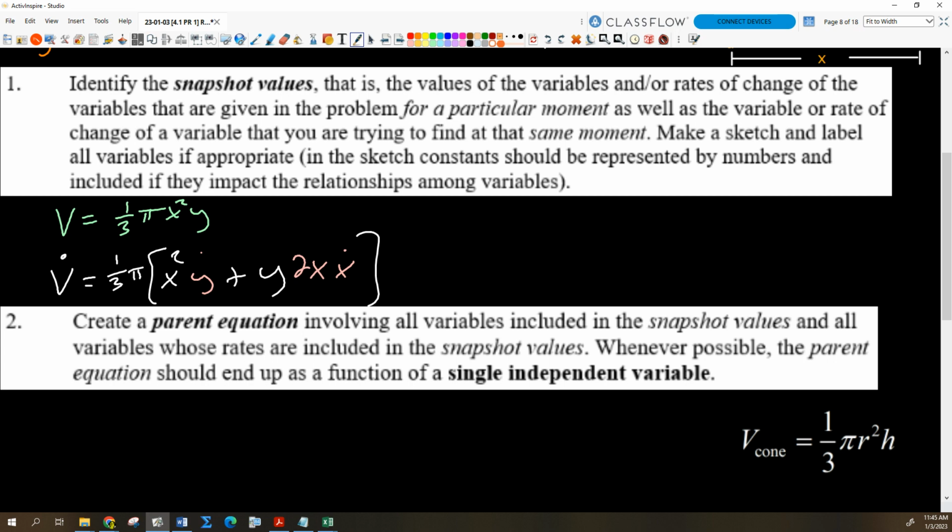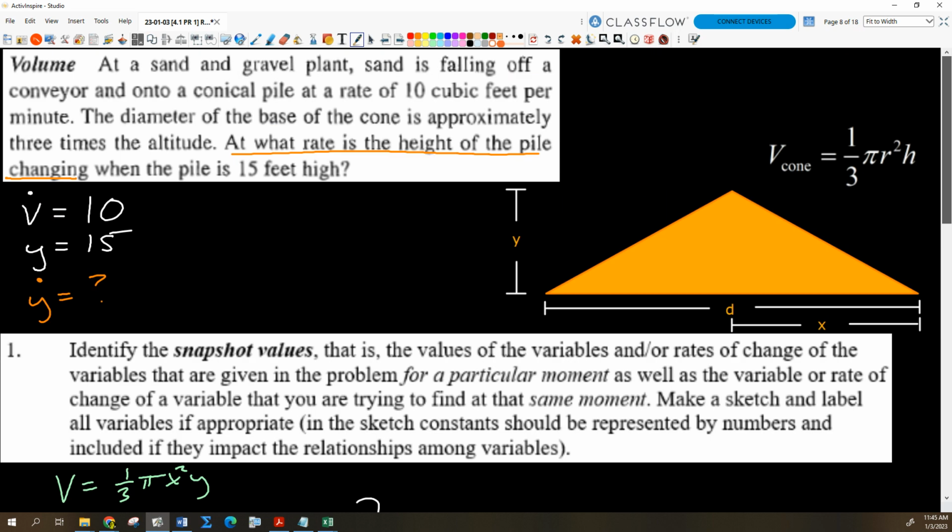Could I do that? I could go back and look at this picture up here at this snapshot and say, okay, if the height is 15 and the diameter of the base is 3 times the altitude, so that's going to be 45, I could come up with a value of x, that would be 45 halves, right? And I could plug all that stuff in, but I've still got a bit of a problem with my x dot and my y dot.